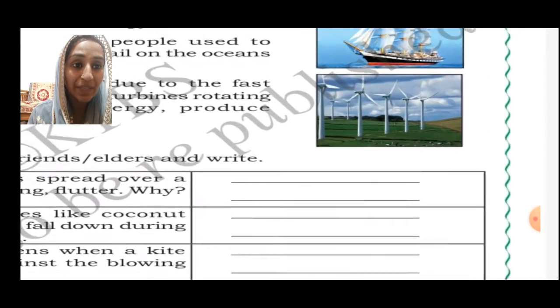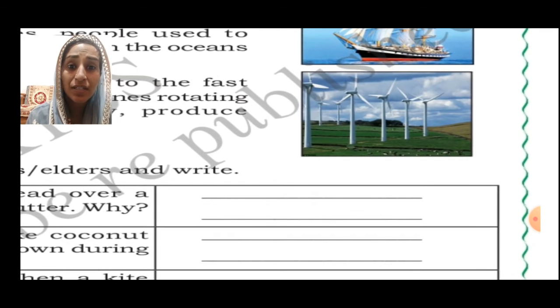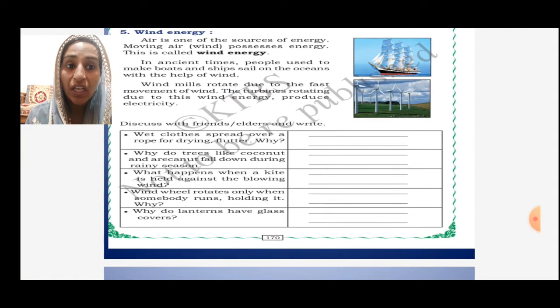This is a windmill. When the wind comes, due to its fast speed, the wind wheels rotate. The turbine rotating due to this wind energy produces electricity.